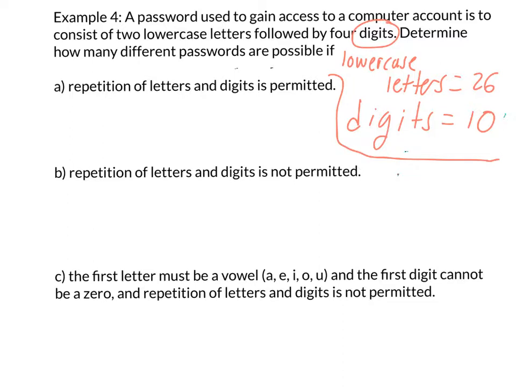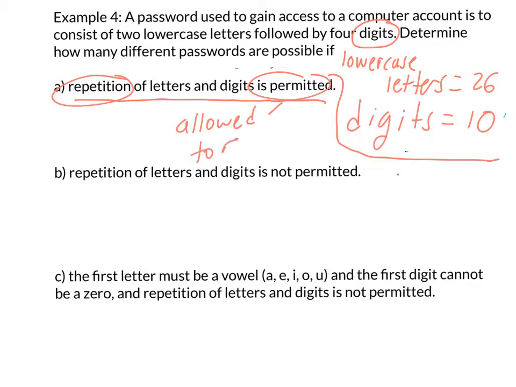A says repetition of letters and digits is permitted. So when it says repetition is permitted, that means you are allowed to repeat the letters and digits. So for example, if I'm creating my password, if I want to use the letter A twice, I can.